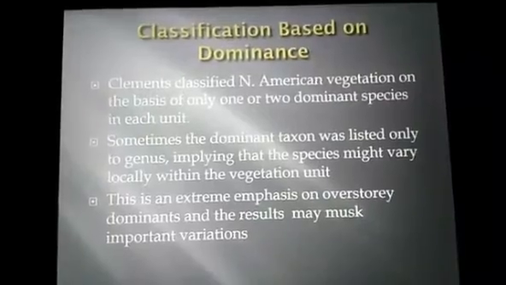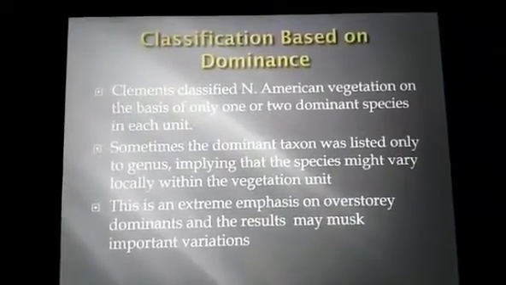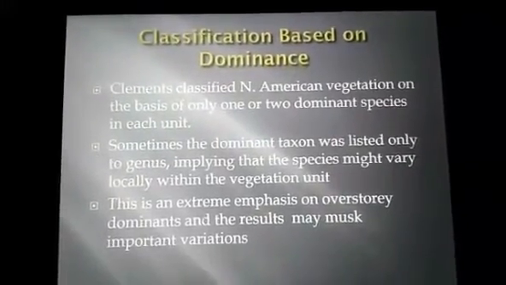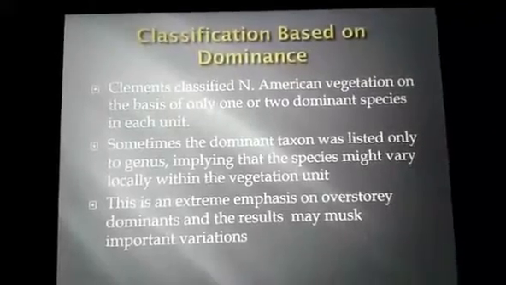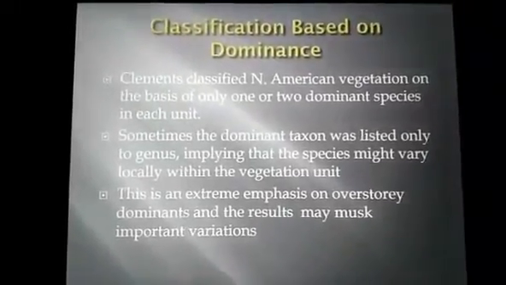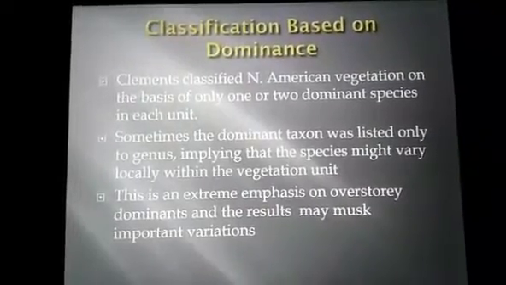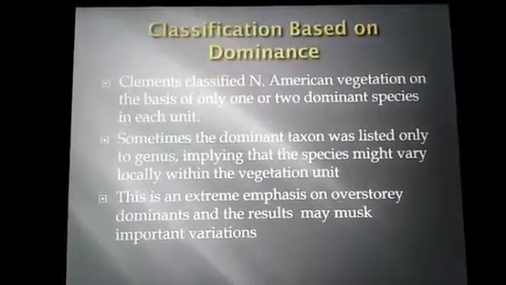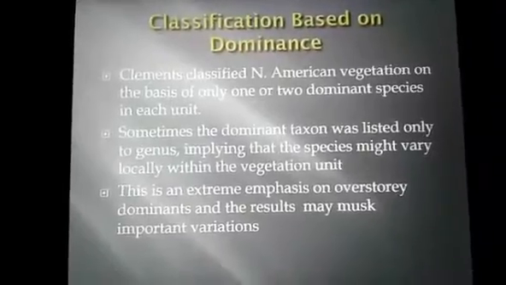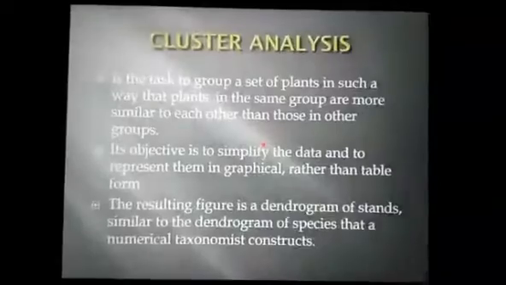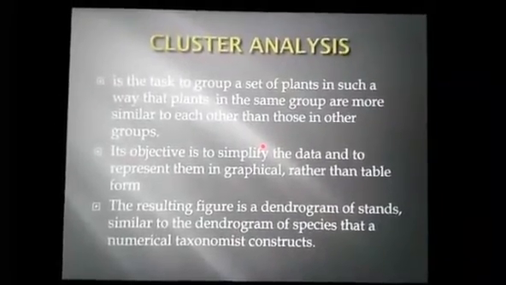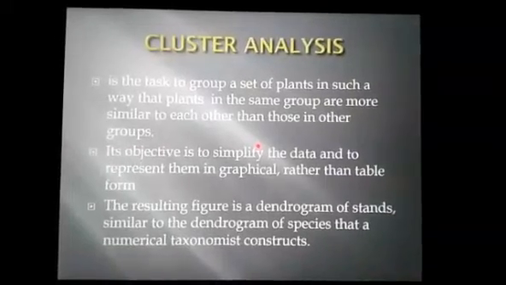This is an extreme emphasis on the overstory dominance, and the results may mask the important variations which occur in the understory vegetation. And then we come to another subheading, which is the cluster analysis.